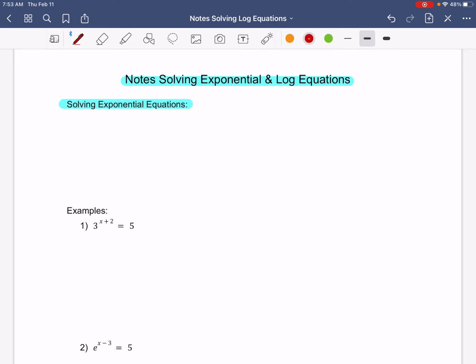I'll give you guys just a couple of little steps to follow. So the first thing you want to do is isolate your exponential piece on the left side. We won't be able to use it solving exponentials because your x is going to be in the exponent.